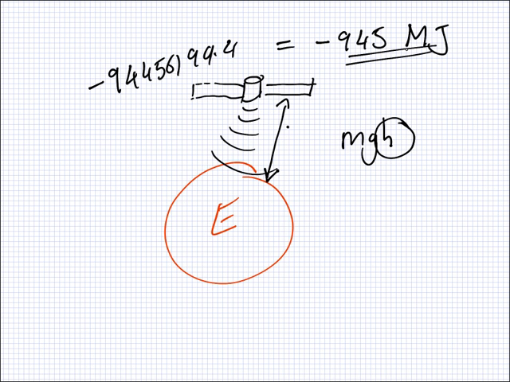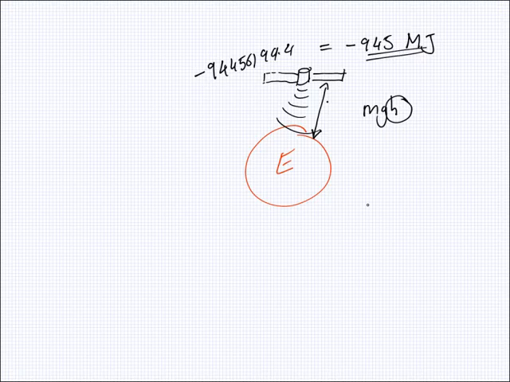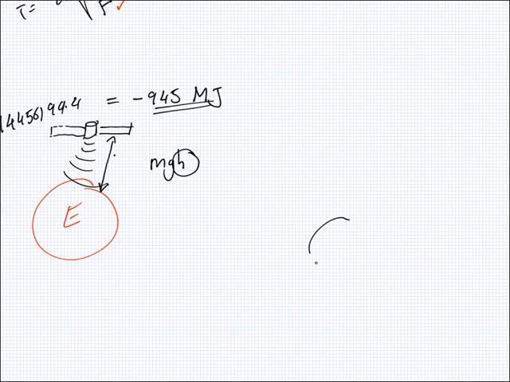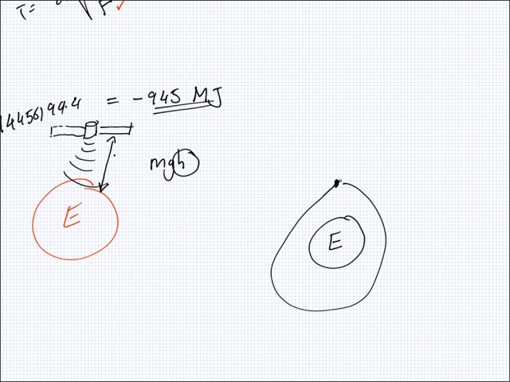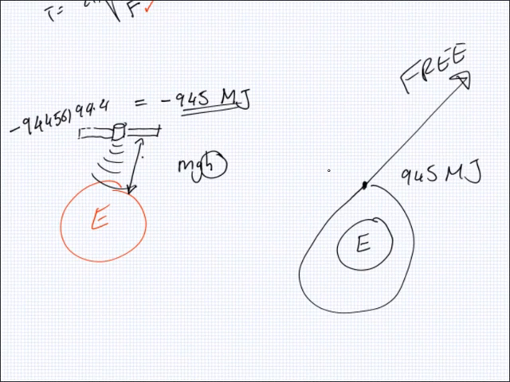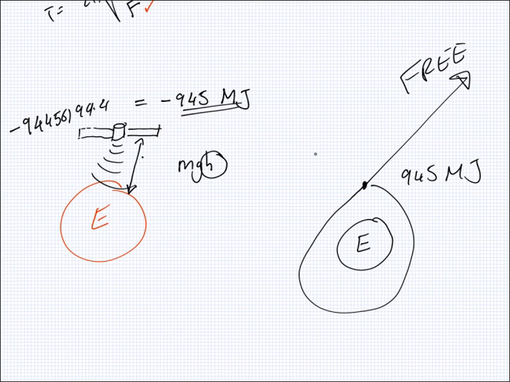So what that means is, if you have a satellite here and you want to free it, you have to give it 945 megajoules to free it. It's a lot, isn't it? Yes, it's a lot.